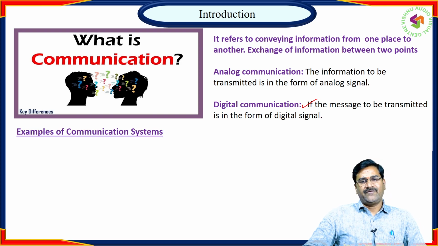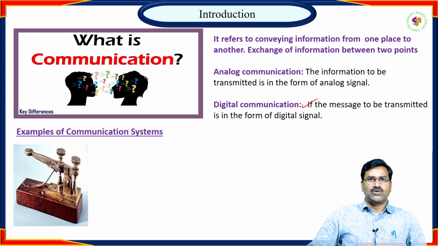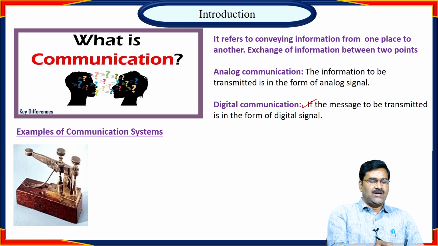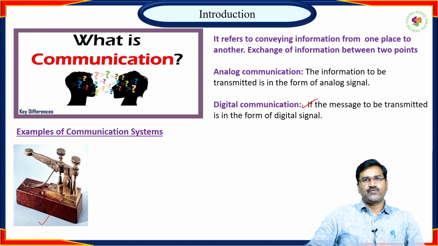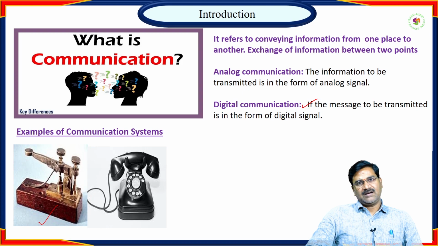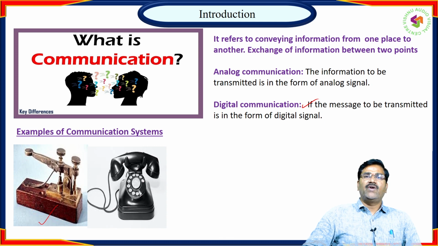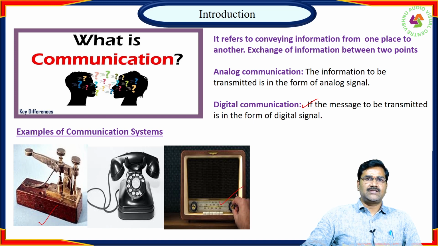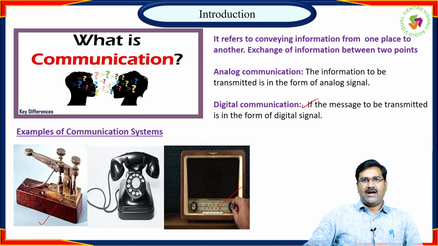So if you look at the various communication systems which we come across, the initial communication systems started with telegraphy. This is the device which you use for telegraph signal generation. Then afterwards this technology drastically increased to telephony, where the voice signal can be transmitted over the cable. And then the broadcast type of transmission, which you might know as radio communication, where you can broadcast the signals through the radio and receive the signals by using this particular device.